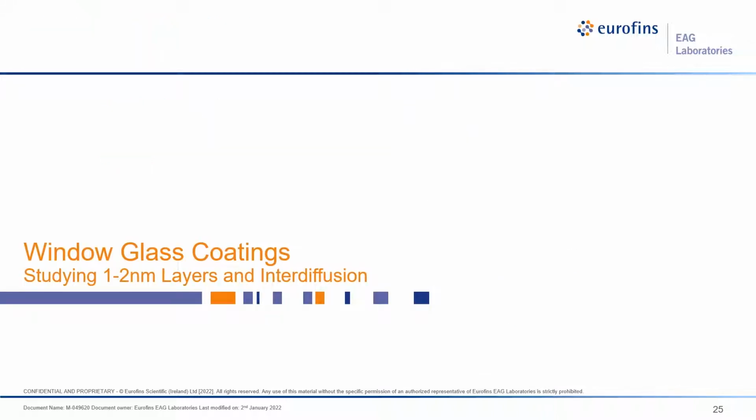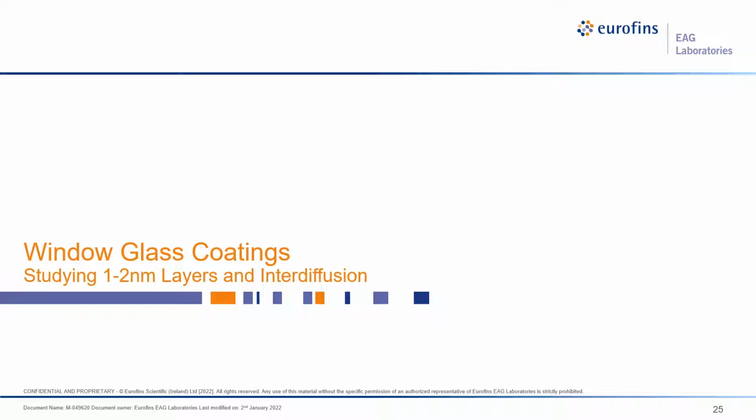Now let's move on to coatings of window glasses for architectural purposes or automotive glasses. These analyses are challenging because they contain these 1 to 2 nanometer layers, which are crucial to the quality of these coatings.